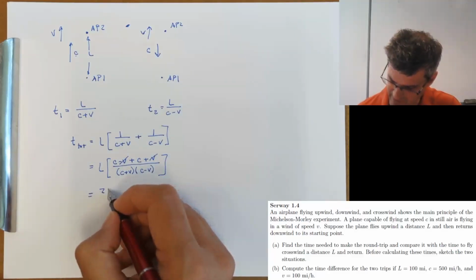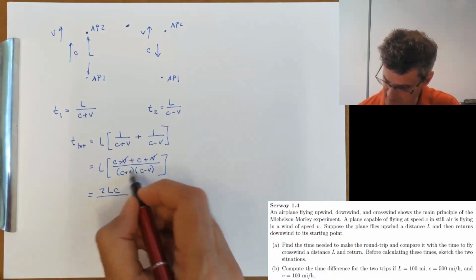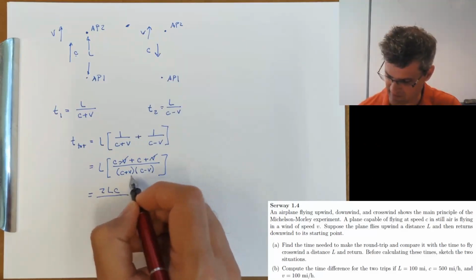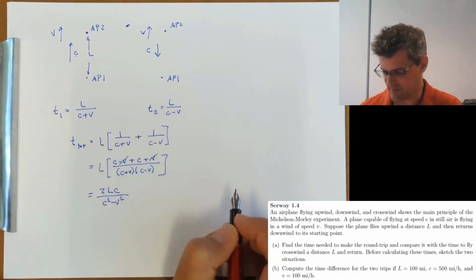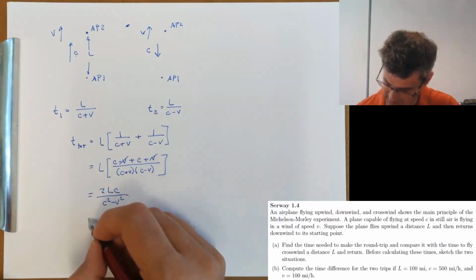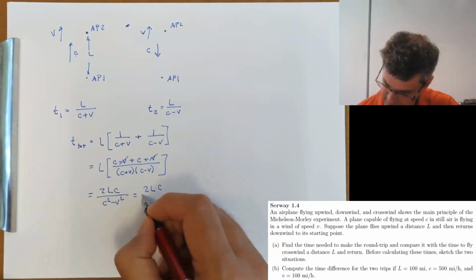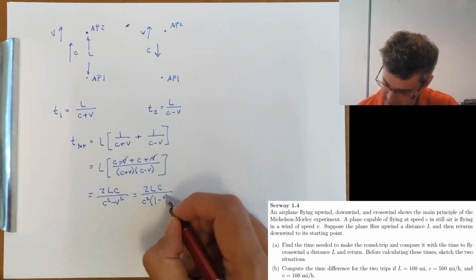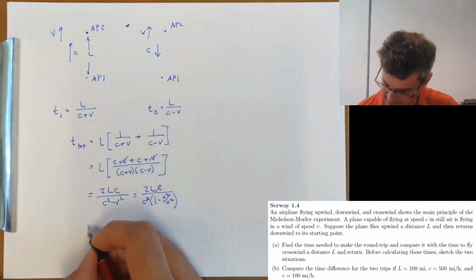This is 2Lc over c squared plus cv minus cv minus v squared. C squared minus v squared. Okay, well, I'm going to do something similar to what I did before, and factor out this c squared. 1 minus v squared over c squared, but then I have this c and that c squared cancel out.